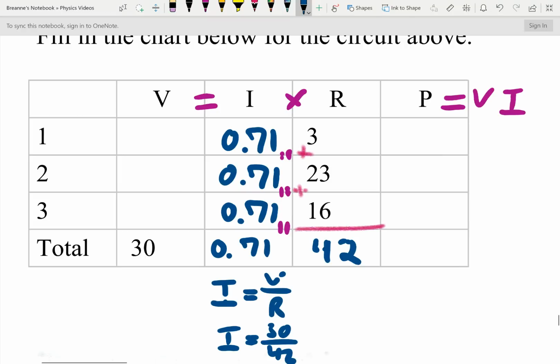So you're doing 0.71 times 3. That'll get you a 2.13. 0.71 times 23 will get you a 16.33. And 16 times 0.71 will get you an 11.36.